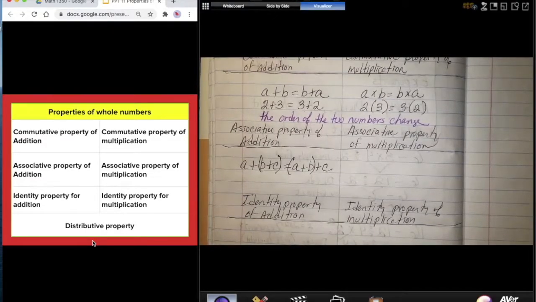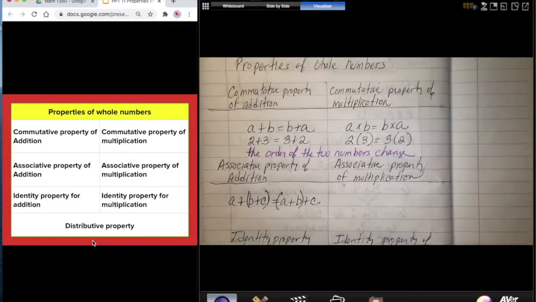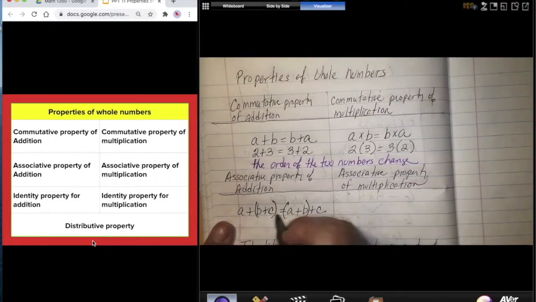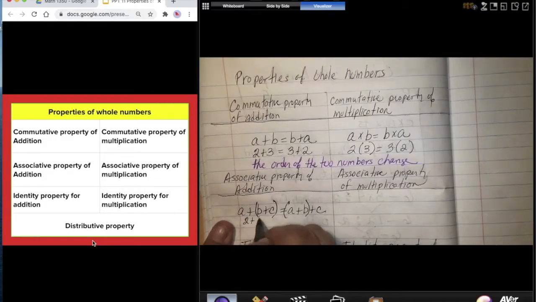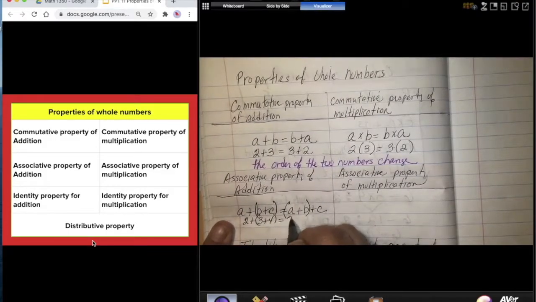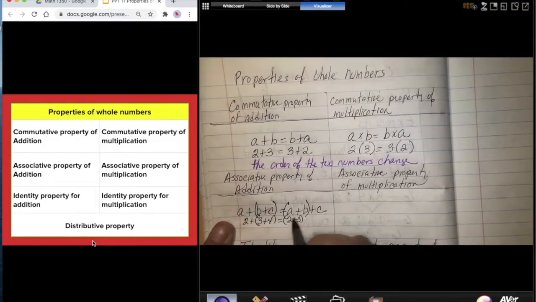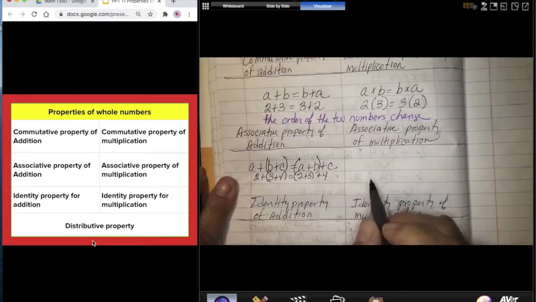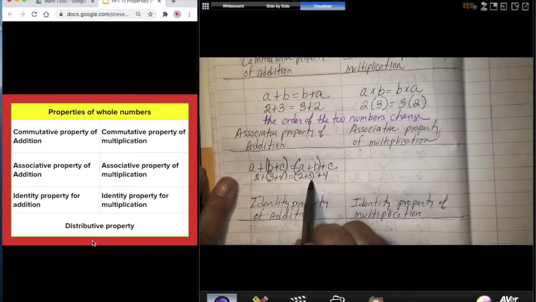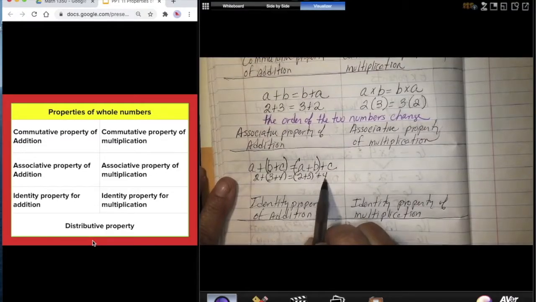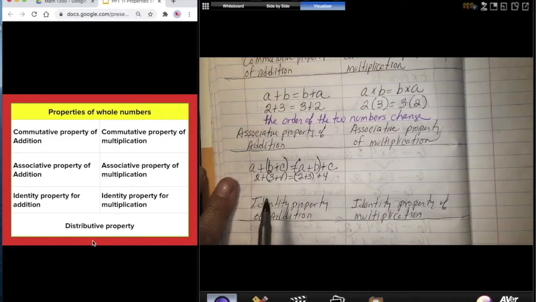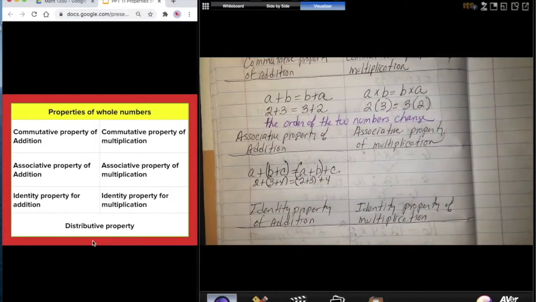So let's look at an example. I don't have a lot of space here. So how about 2 plus 3 plus 4 equals 2 plus 3 plus 4. No, 2 plus 3 with parentheses plus 4. So the order of the numbers stays the same.